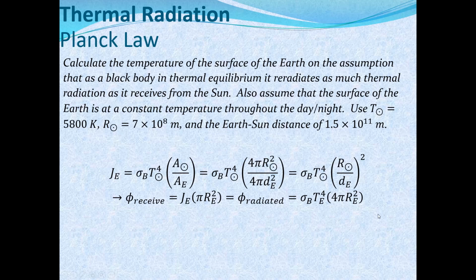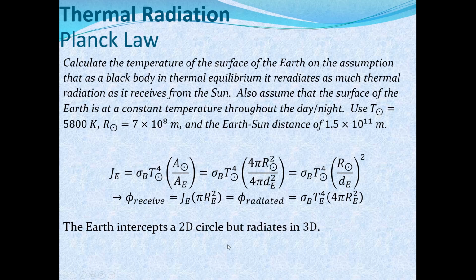So that's what these two terms are. This is the Earth taking a small little circle of radius re, while this is it radiating that same energy across the entire surface of its spherical shape.